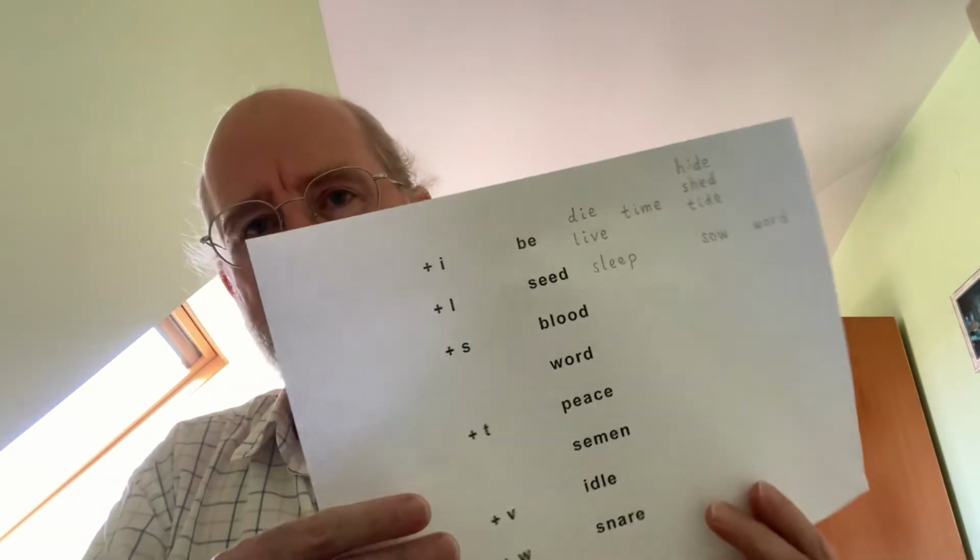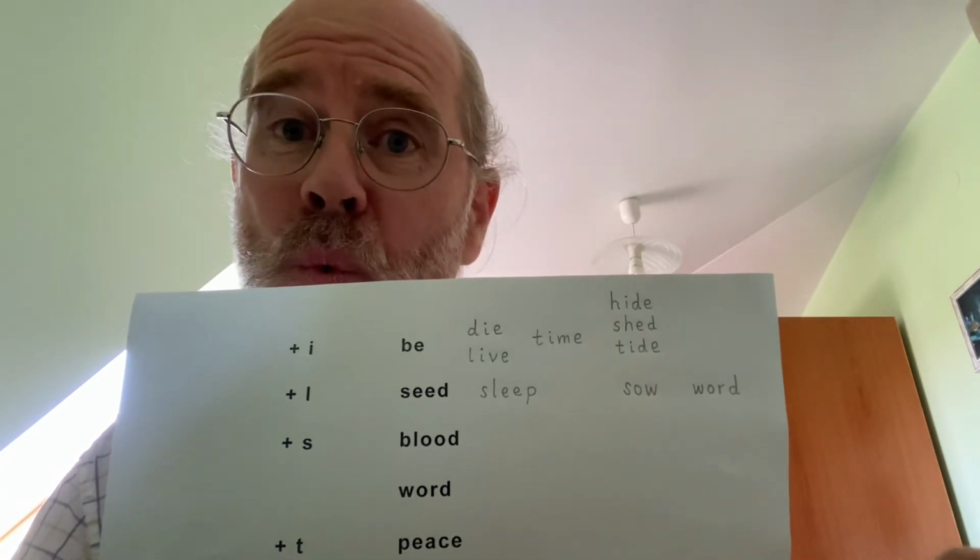Sow is very closely connected to word. And you will remember the parable of the sower, where the seed being sown is the word of God. And I think we can see this very closely in the connection between sow and word.